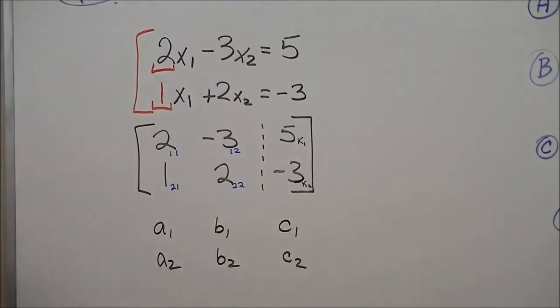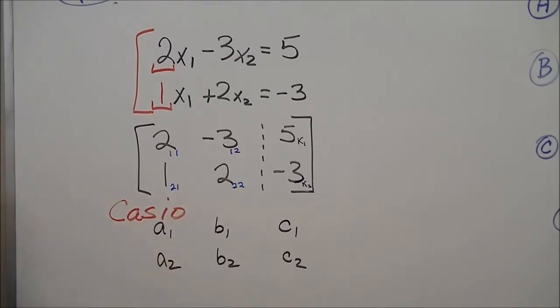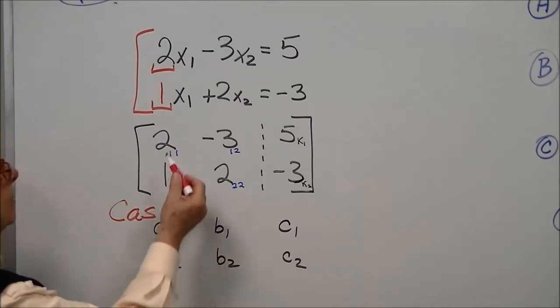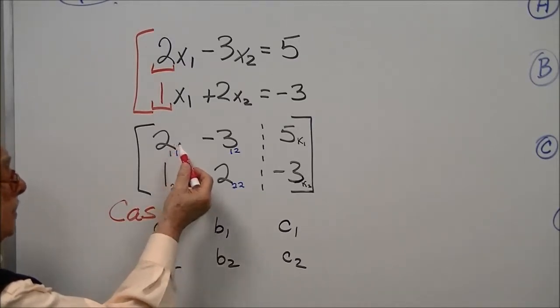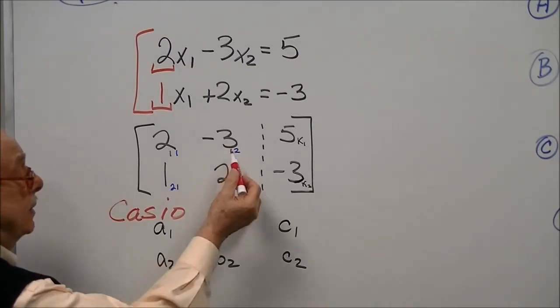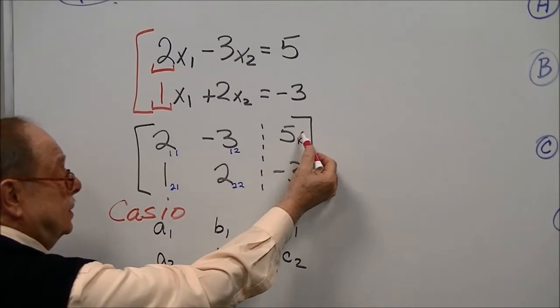Now in some calculators, when you're putting in information, I know the Casio does this, when you're putting the matrix into a calculator, they will ask you for A sub 1. Well, A sub 1 would be this first term. B sub 1, the second term, and then the constant C sub 1, the third term.